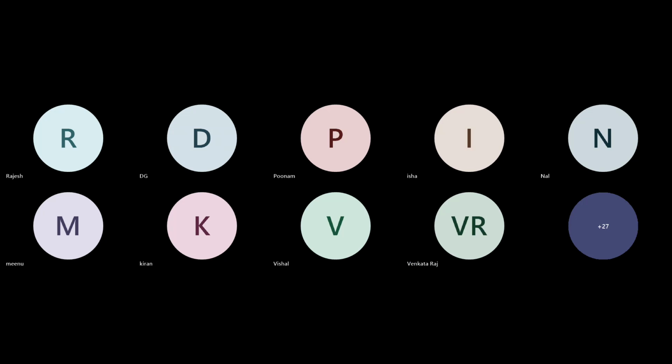Okay, no worries. So the three different types of AI are basically artificial narrow intelligence, right? Then artificial general intelligence, and then artificial super intelligence.